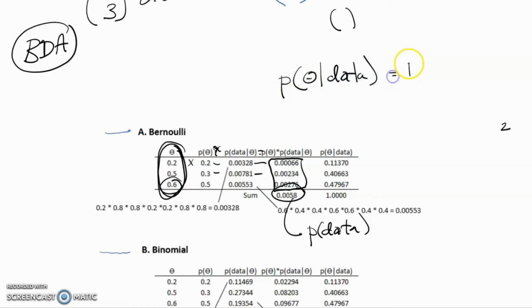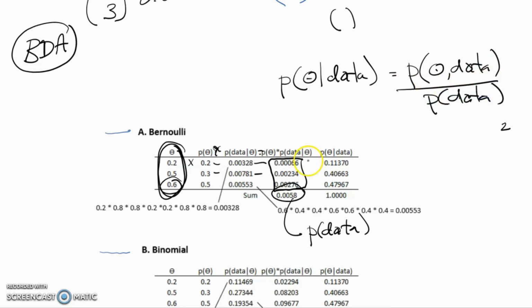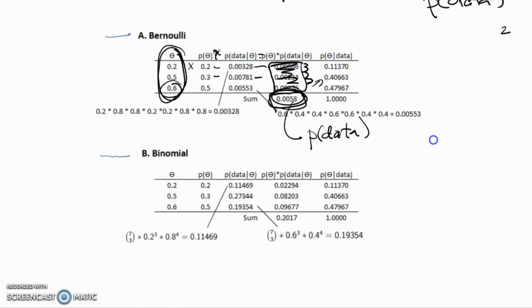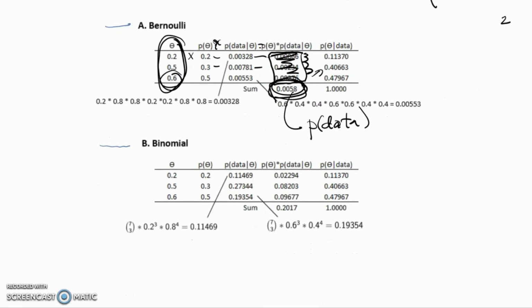We get that, of course, by taking the joint distribution, probability of theta and data, and dividing by the marginal probability of data. So here are our different joints. Here's our marginal. We divide each one of these values in succession by this thing at the bottom, and there's what we get.